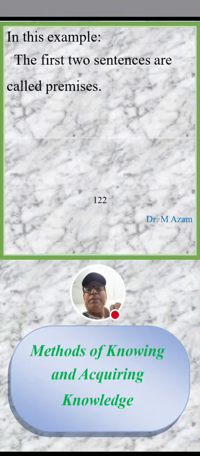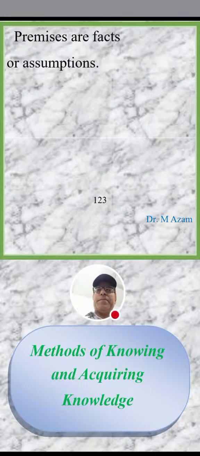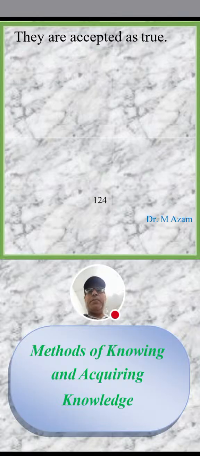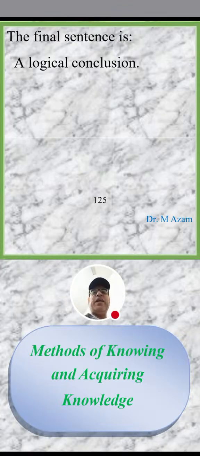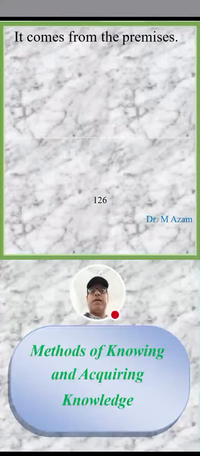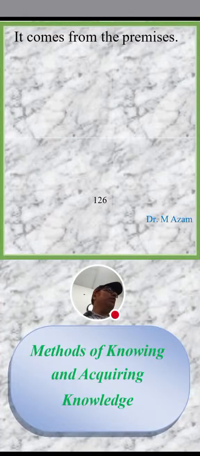In this example, the first two sentences are called premises. Premises are facts or assumptions. They are accepted as true. The final sentence is a logical conclusion. It comes from the premises.